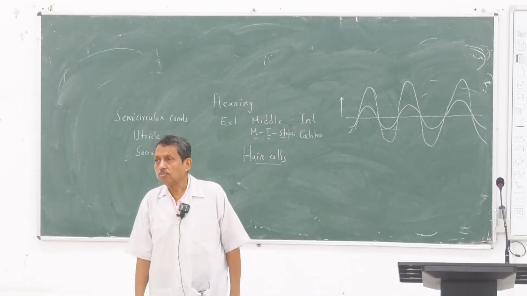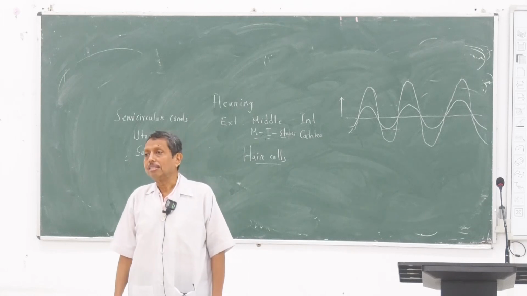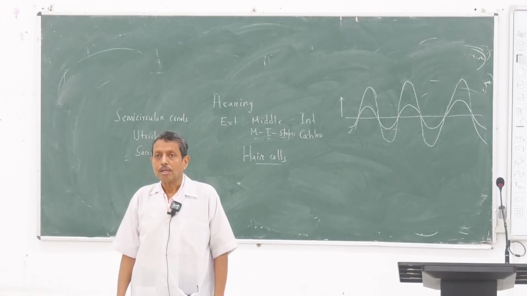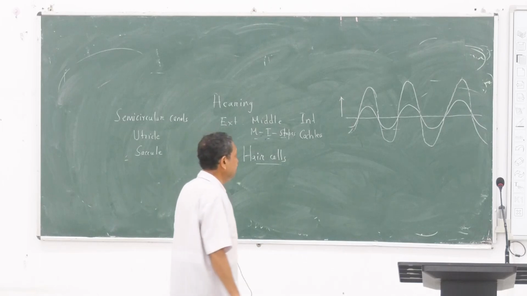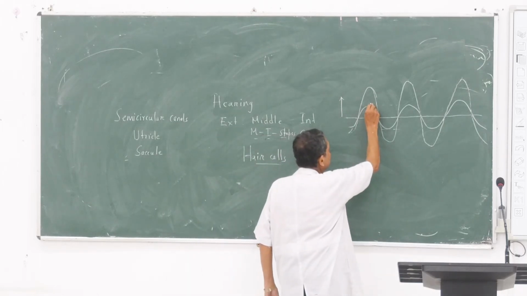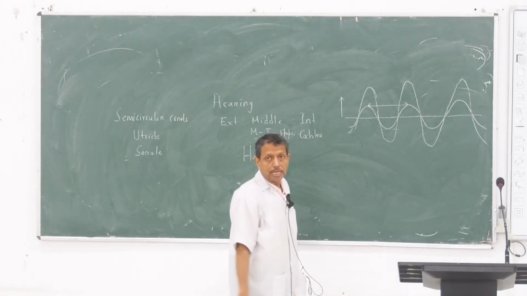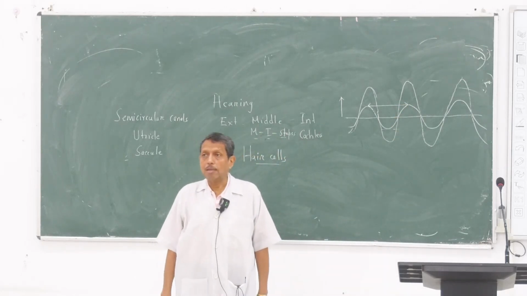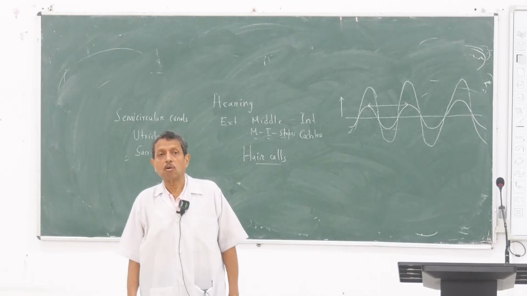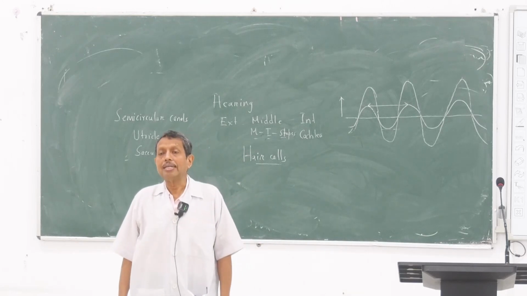Increase in the amplitude indicates the intensity, and the wavelength is from this point to this point. The number occurring per unit time is the frequency, and it indicates normally the pitch of the sound.